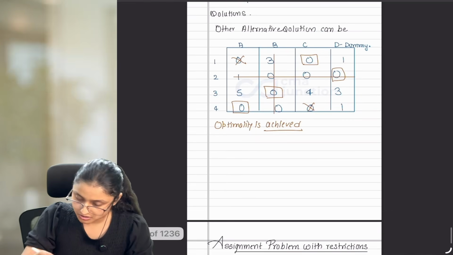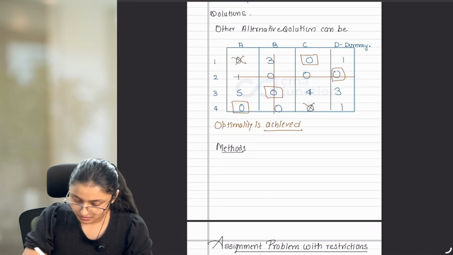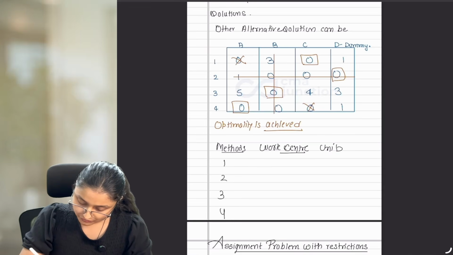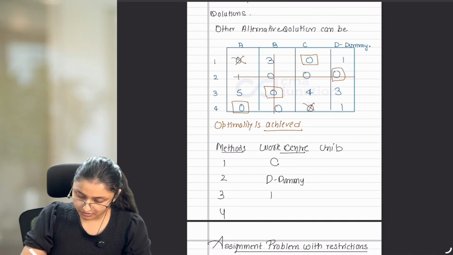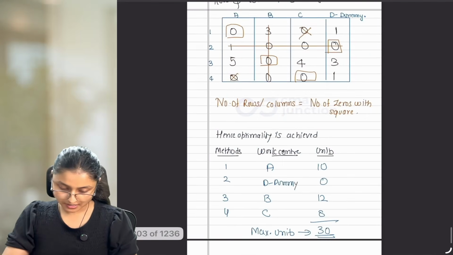And the allocation here will be methods, work centers and units. So methods we have 1, 2, 3 and 4. Work center allotted. For first we allotted C. For second though we allotted dummy only. For third we allotted B. And for fourth we allotted A. So C, B, A is the answer now.